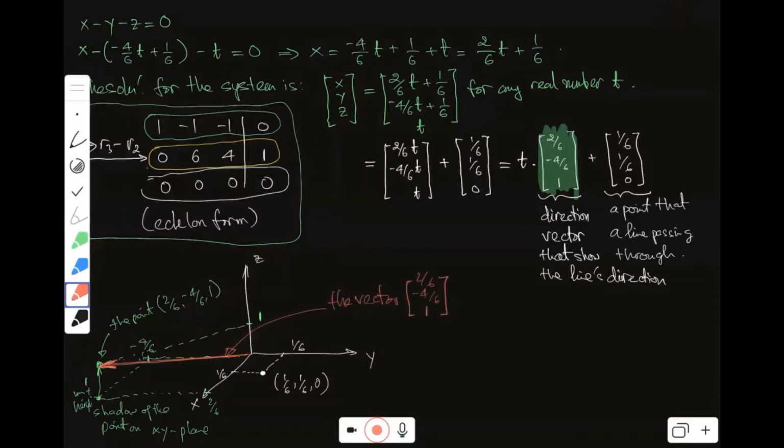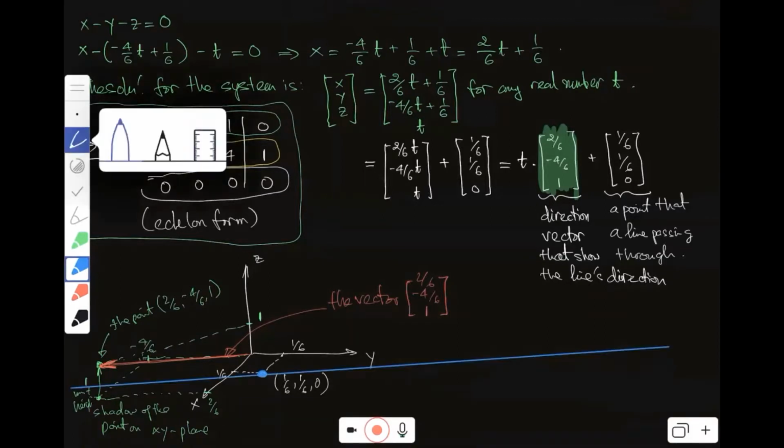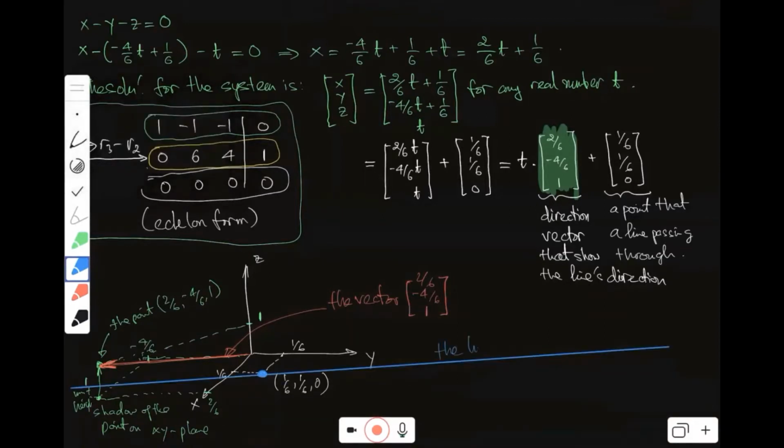So this vector serves as the direction for the line. And so you are looking for a line that is parallel to the vector here and passing through the blue point. All right, so this is the line that represents the solution set for the system.